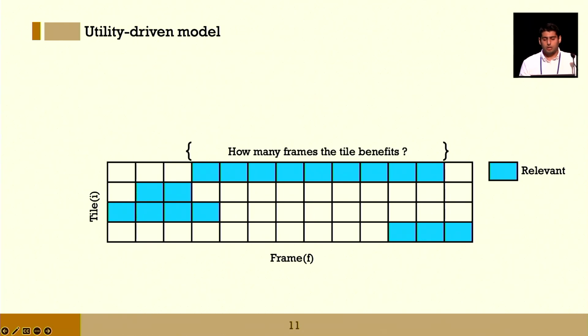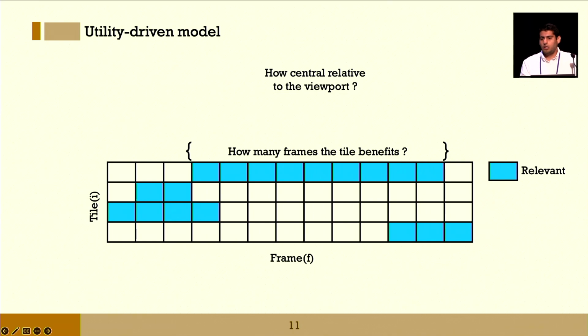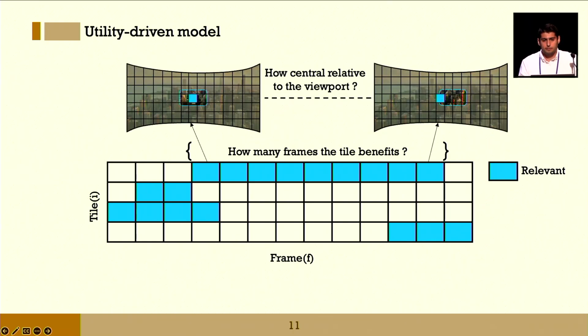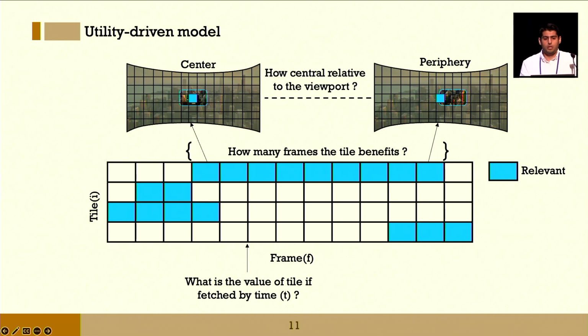The first is how many frames would really benefit from fetching that tile, and how critical that tile is to each of these viewports. Is it critically in the center, or more on the periphery side? And then we want to know what the value of the tile would be if it is estimated to arrive by time t.